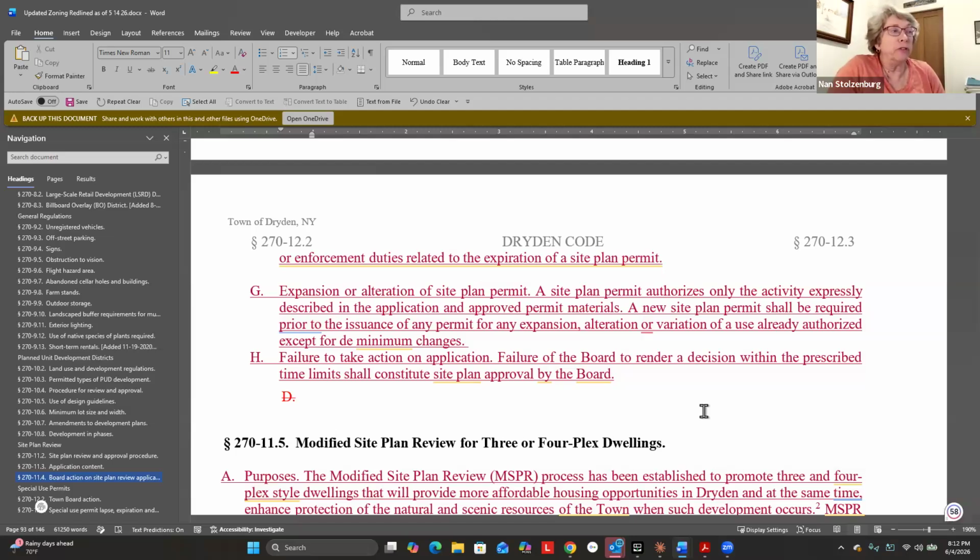A lot of communities don't include this. It's added in the spirit of making sure the board is efficient and moves the project along and makes the decision, so it doesn't keep going and going. Correct.